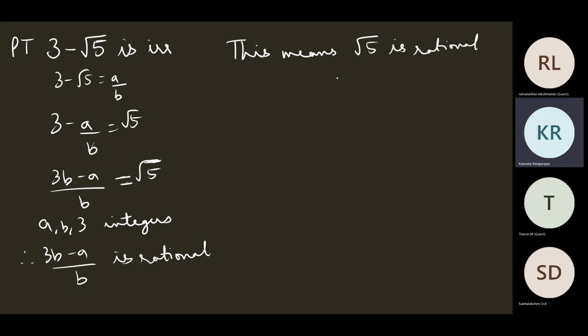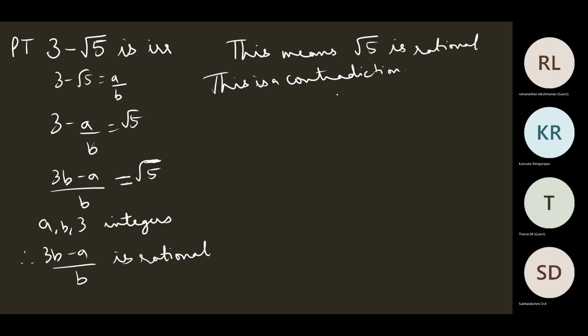But we know that root 5 is irrational. It's like a theorem. So this means root 5 is rational, which is not true. So this is a contradiction. This is a contradiction, and this is because of our incorrect assumption that 3 minus root 5 is rational, correct?